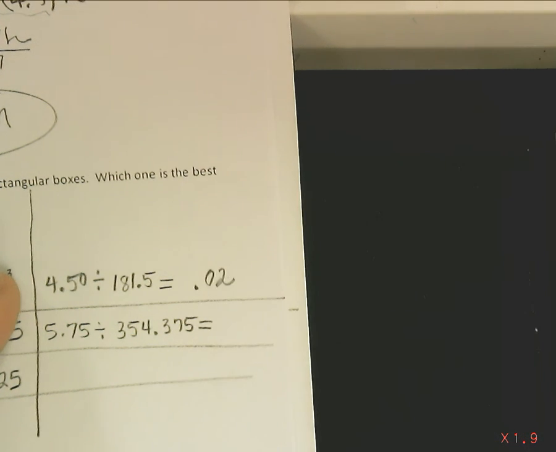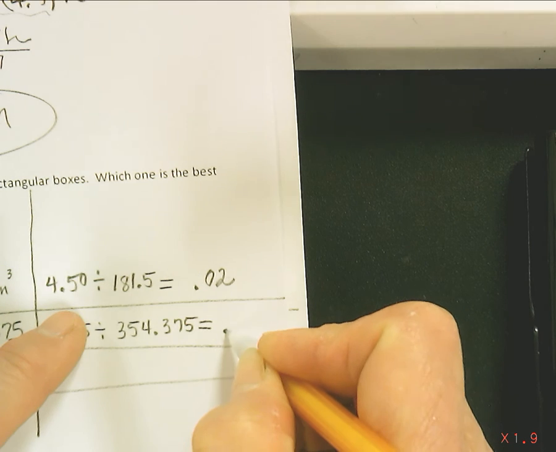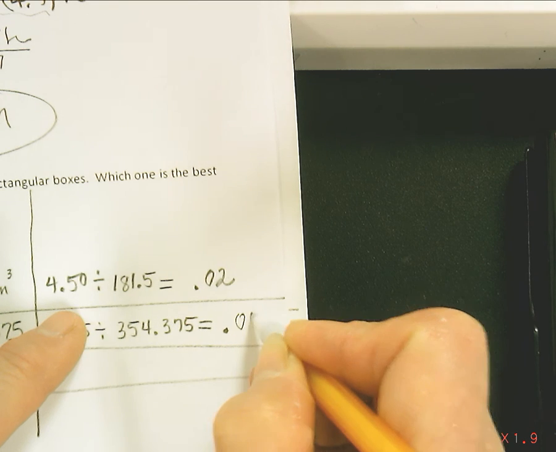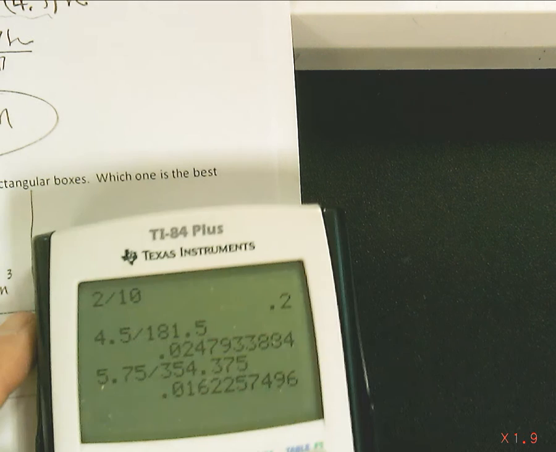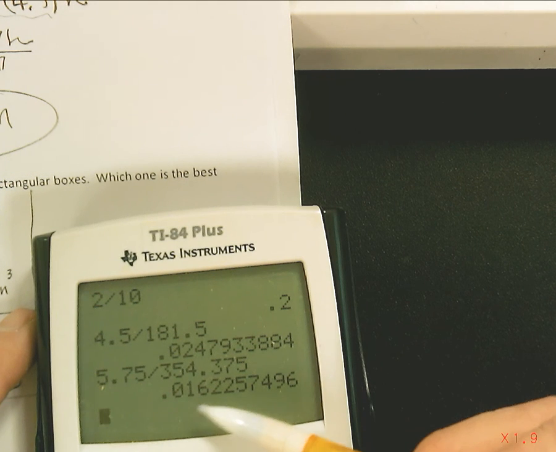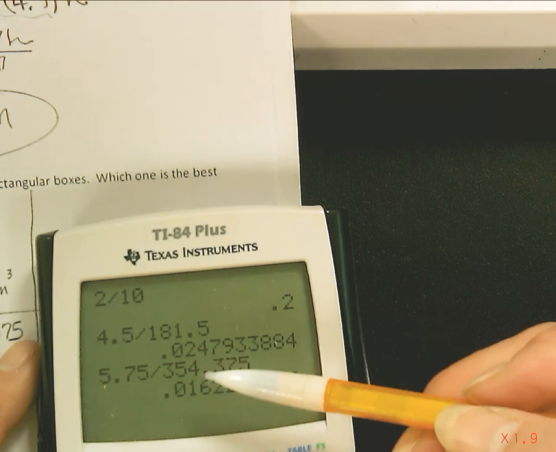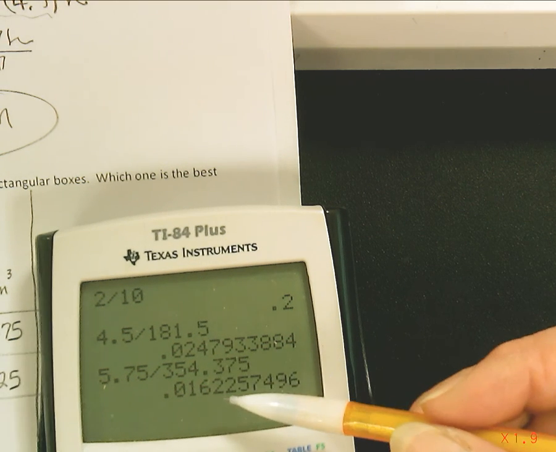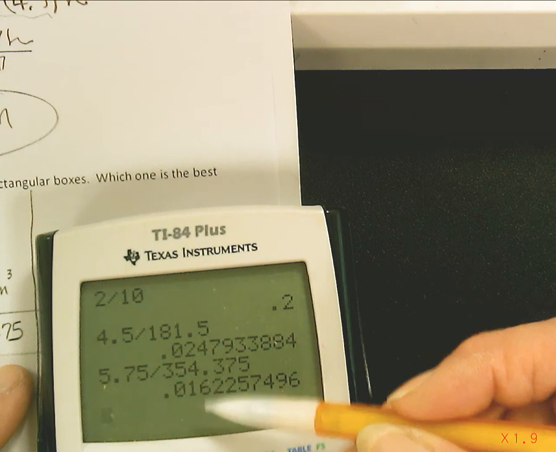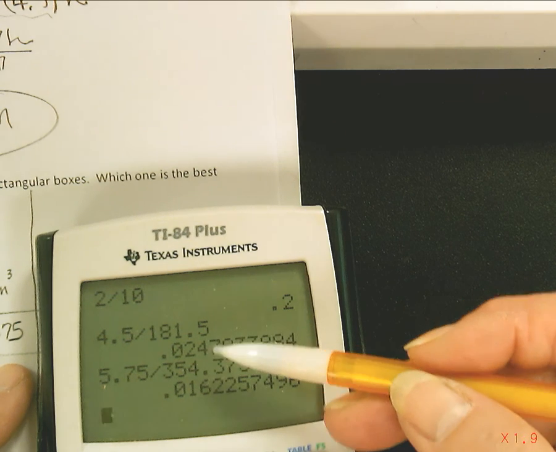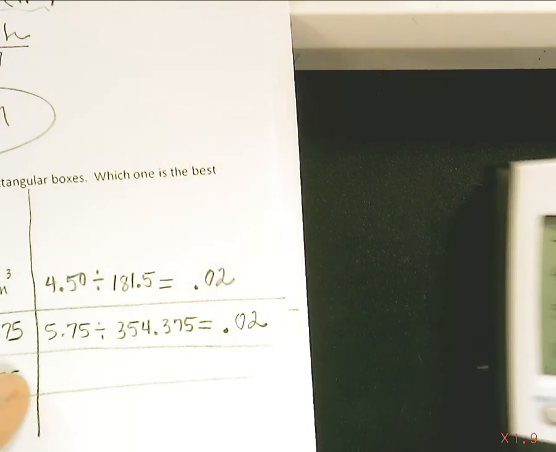That's going to round off to 2 cents also. But isn't this number here, 0.016, smaller than 0.024? They both round off to 2 cents. But so far, isn't the medium cheaper than the small? Yeah.